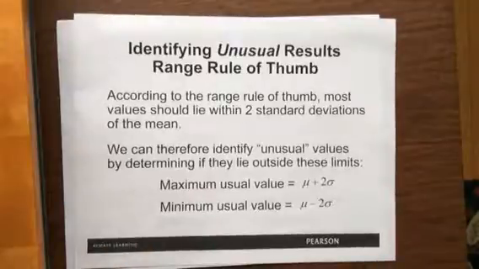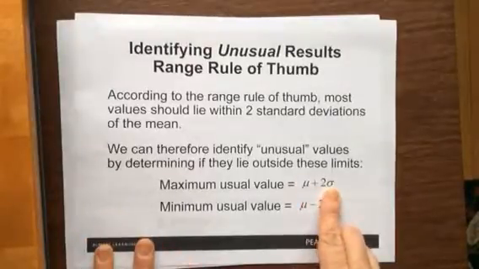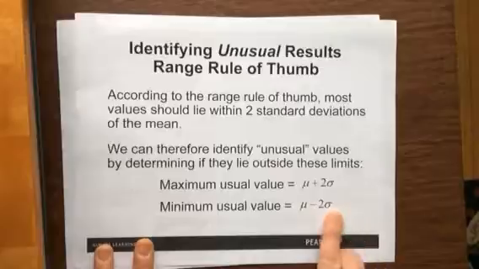So how do we decide then from a probability distribution whether an outcome that we're looking at is unusual? We had a range rule of thumb that we used before. We're going to continue to use that. Once we know the mean and the standard deviation, an unusual value will be greater than 2 standard deviations from the mean either way.